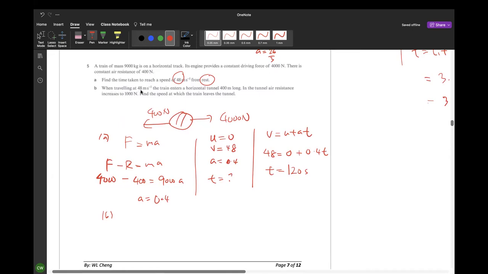When traveling at 48, the train entered the tunnel. 400 meter. Tunnel air resistance increased to 1,000. Find the speed at which it leaves the tunnel.